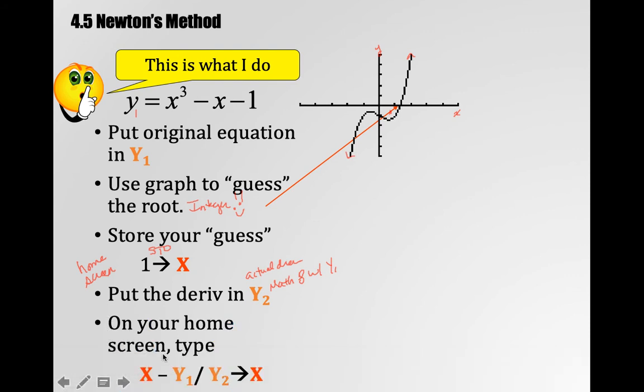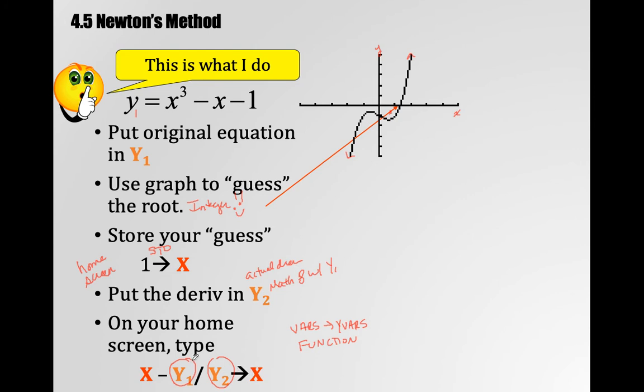Then you go back to your home screen and type this sequence. Hopefully, again, you know how to access y1 and y2. That's the VARS button, arrow over to Y-VARS, hit 1 for function, and then you should see y1, y2, y3, and so on.